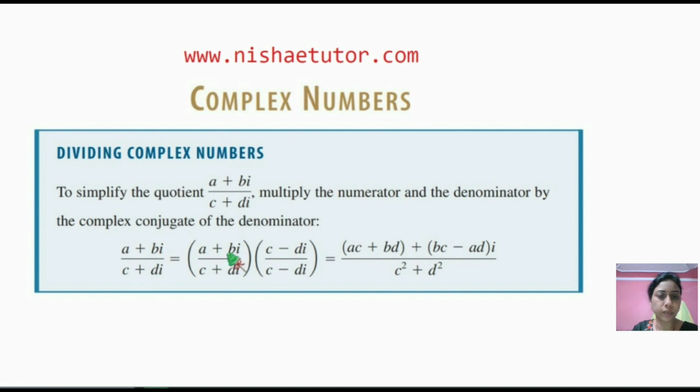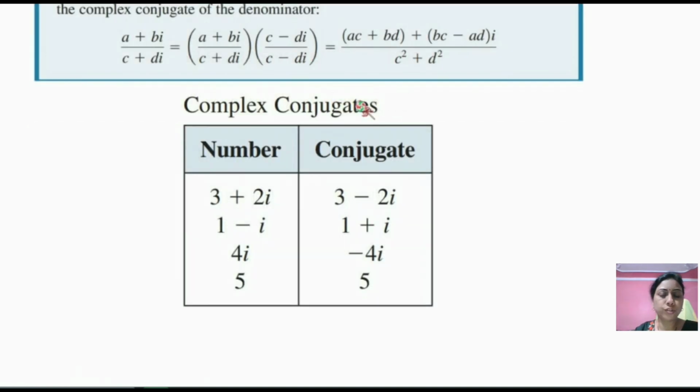Its conjugate, just change the middle sign, is c minus di, and we multiply the numerator and denominator, numerator with numerator and denominator with denominator.